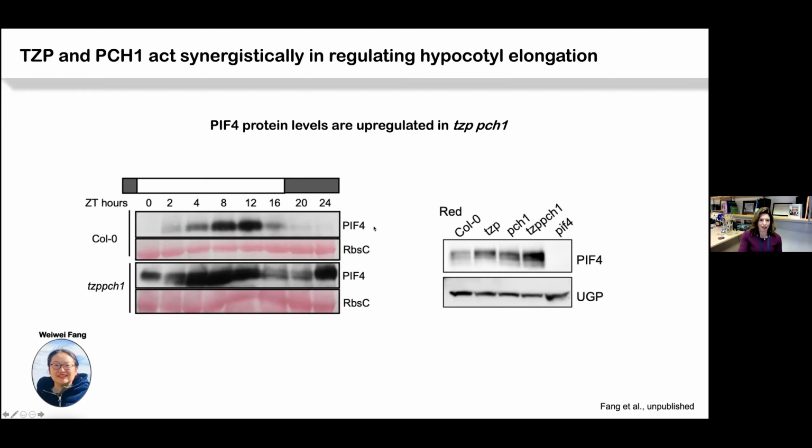As you can see here again in the double mutant, there's much more PIF4 abundance, in particular during the day. That again is very important for regulating hypocotyl elongation. And also in response to red light, again, you can see in the tzp pch1 double mutant, there's more PIF4. And again, this correlates with the elongation of hypocotyls.